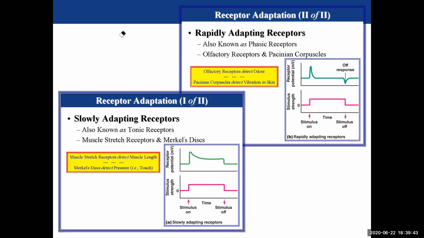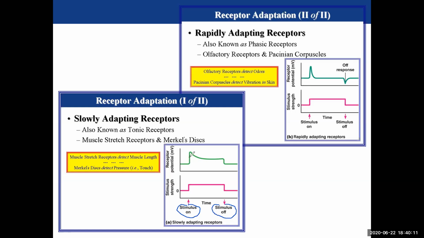So for the pink line, when the stimulus is on, it's activating the receptor. And here, stimulus off means the stimulus goes away. When it's on, you see this pink line, a positive deflection.